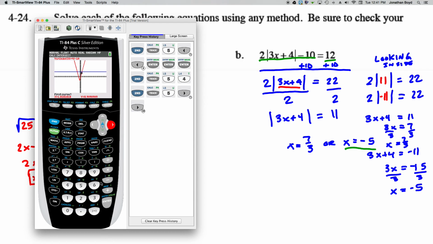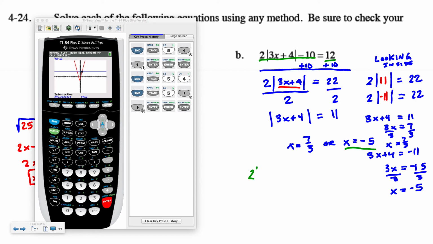There we go. We're just a little bit closer. It doesn't have to be right on it. So enter, enter, enter, and we get 2 1/3 when y is 12. Well, 2 1/3, remember, is the same thing as 7/3. Those are the same thing. So we know we are correct there as well.